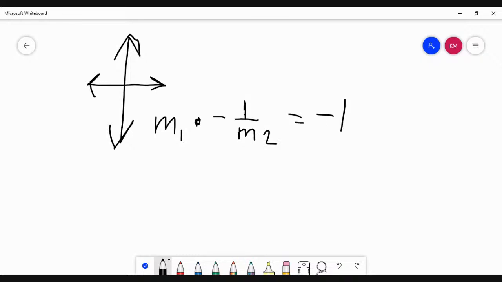Both of them should equal -1. So if my slope is 2, the perpendicular slope would be -1/2, because 2 times -1/2 gives me -1.